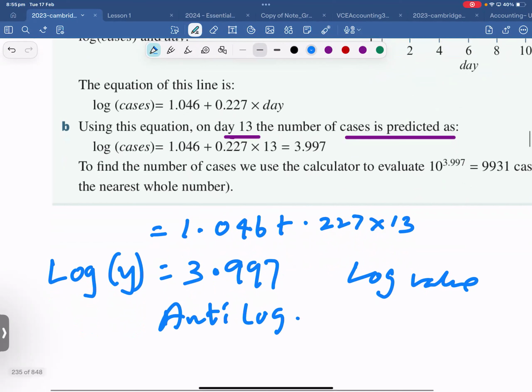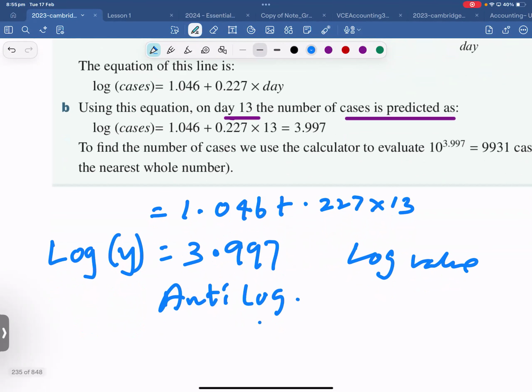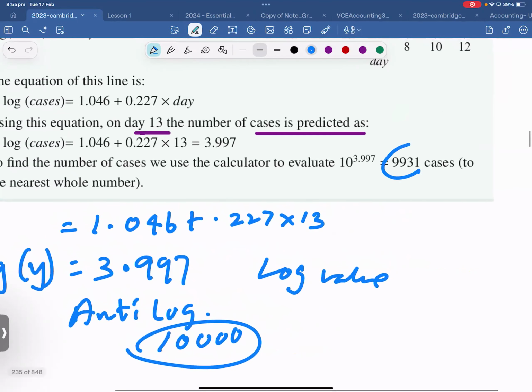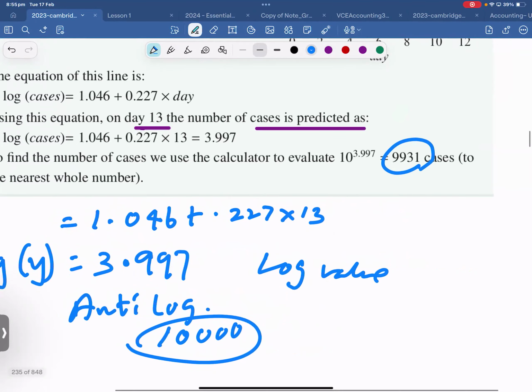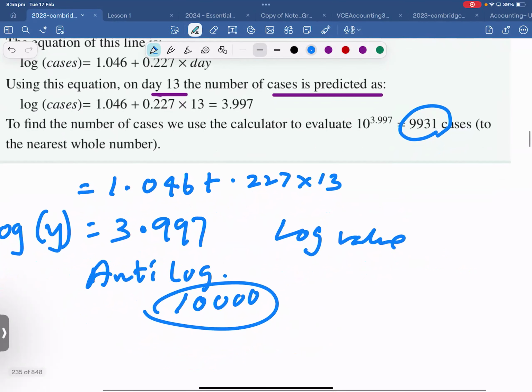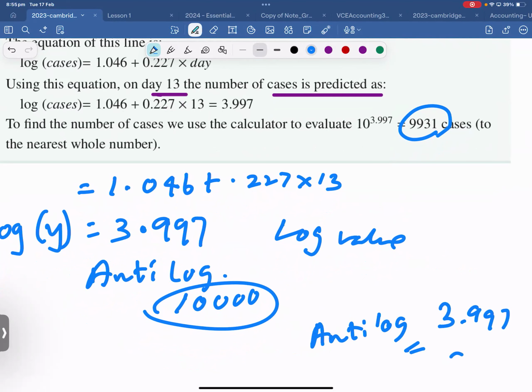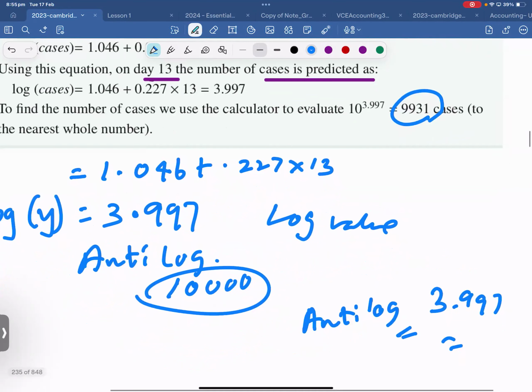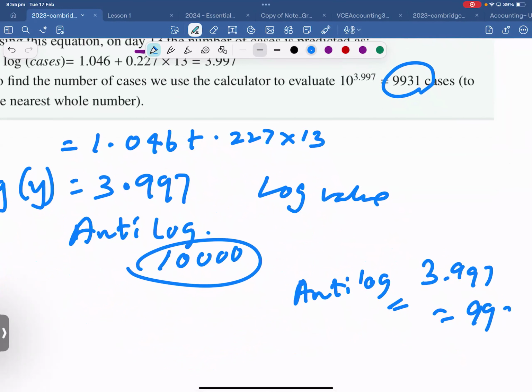Meaning it will be close to 10,000, yes? They have given us 9931. Use the anti-log function. Anti-log of 3.997 is going to be that one, which is 9931.